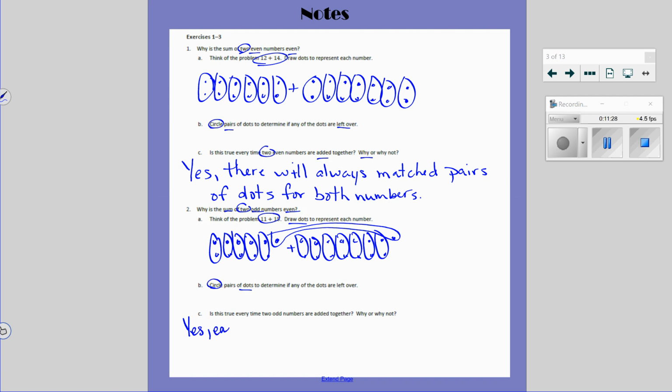Each odd number will have 1 dot left that can be combined for another pair.